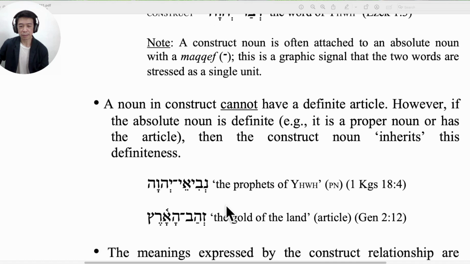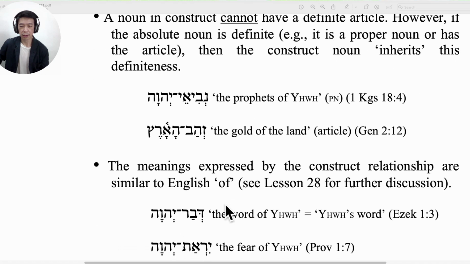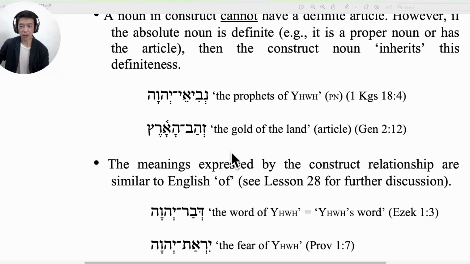For instance, the phrase "the prophets of Adonai" in 1 Kings 18:4: the first word, nevi'ei, means prophets. And because God is a definite entity, the whole construct chain becomes definite, so it becomes "the prophets of Adonai," the prophets of God.